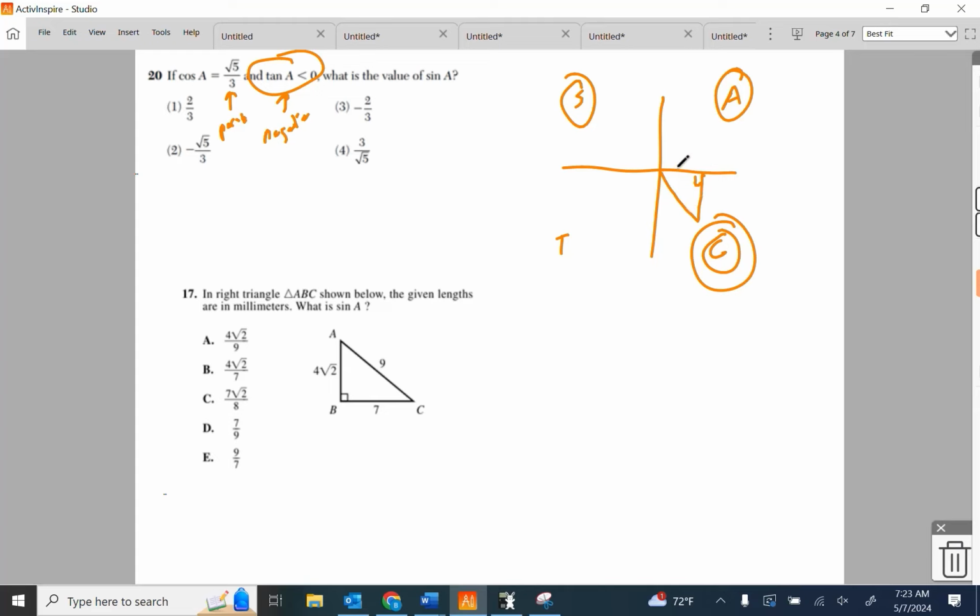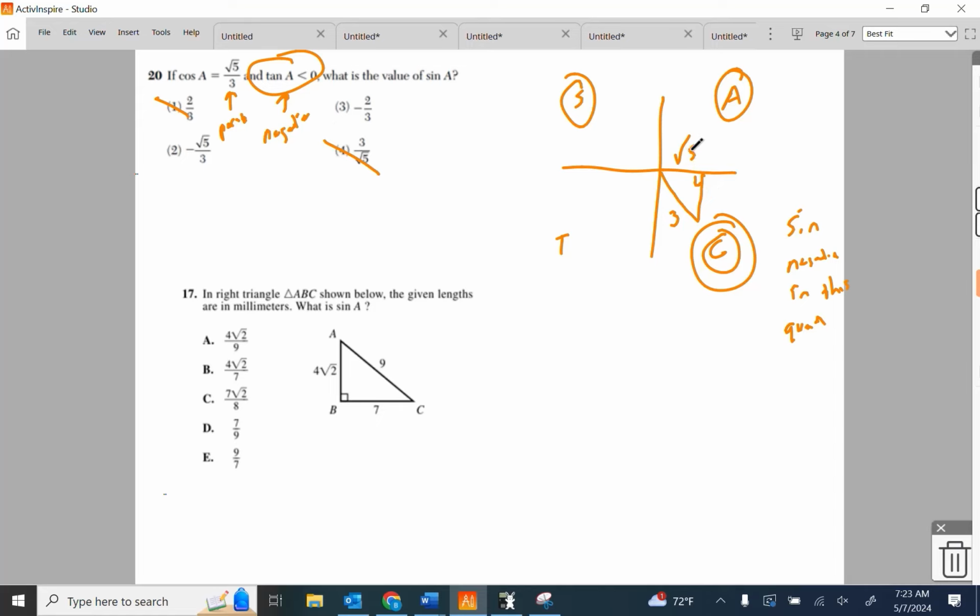The cosine ratio is adjacent over hypotenuse. And I want the sine one. By the way, sine is negative in this quadrant. So all I got to do is a little Pythagorean theorem and I get the missing length.